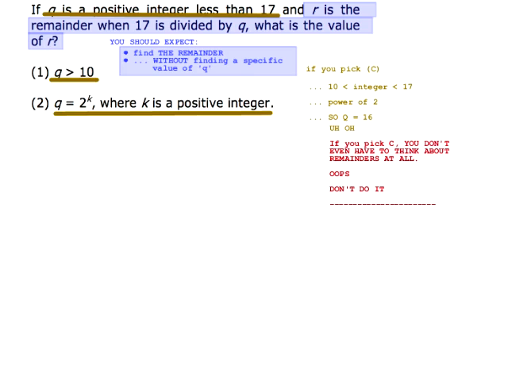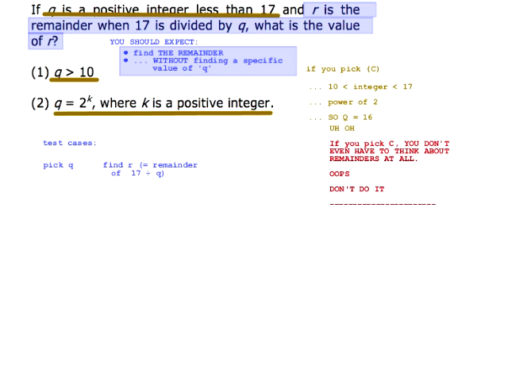Okay, remainders you can't really do algebraically, so we're going to have to test cases. We pick Q, and then we find R, which is the remainder of 17 divided by Q. That's how we've got to do it.